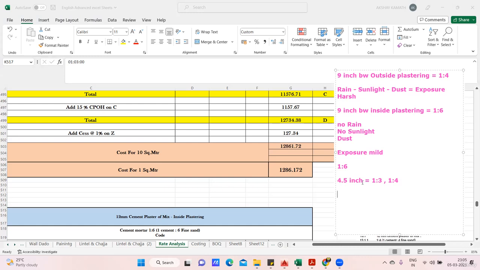When a brickwork itself doesn't have stability, what we do is try to increase the strength of the mortar. 1 is to 3 ratio is much stronger than 1 is to 4, and 1 is to 3 ratio is much stronger than 1 is to 6. So we try to increase the strength of the mortar.